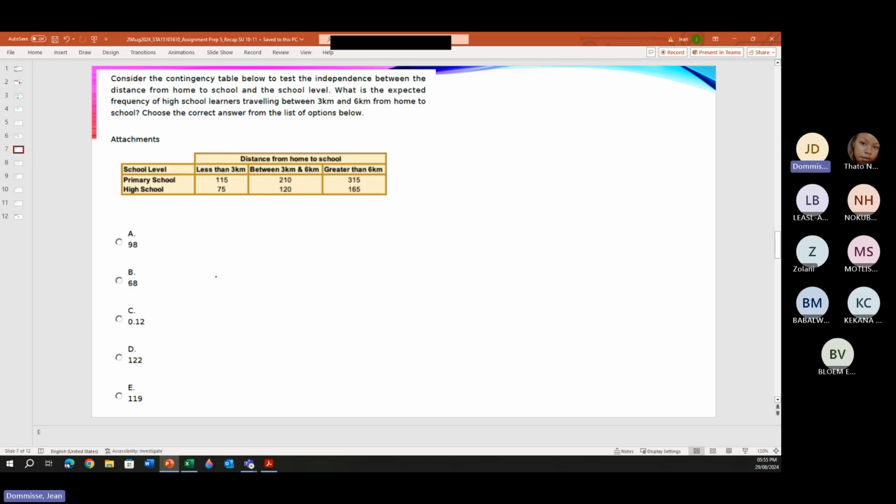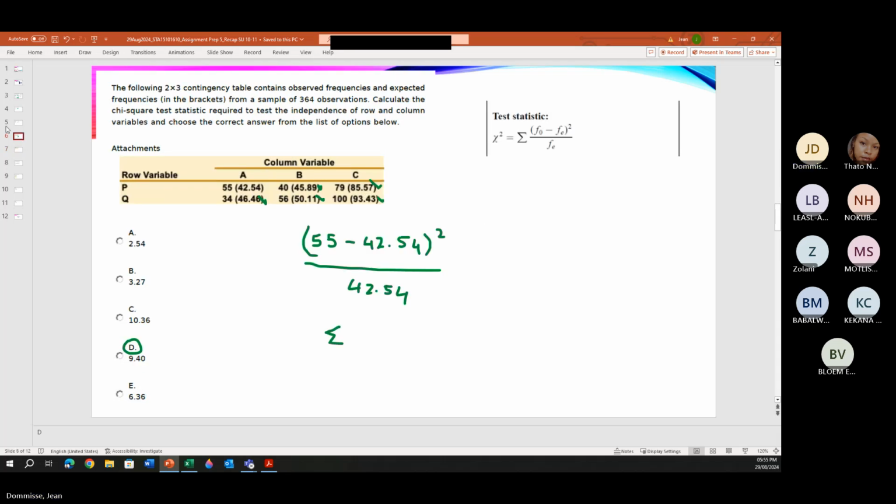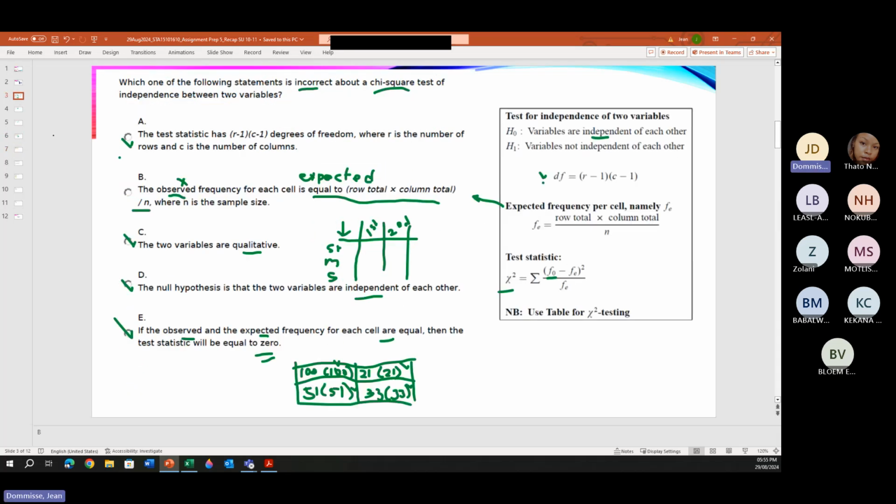Okay, so let's read this question, and hope it is something to do with his 2 study units. Consider the contingency table below to test the independence between the distance from home to school and the school level. Okay, what is the expected frequency? So where is my original table?